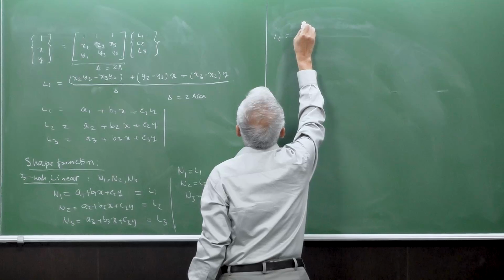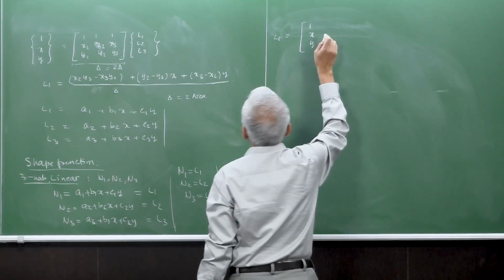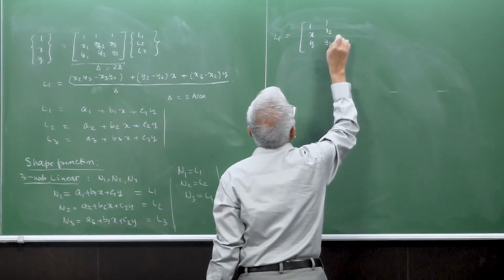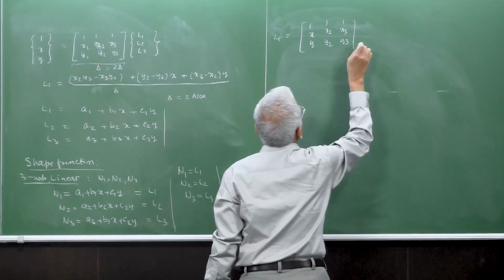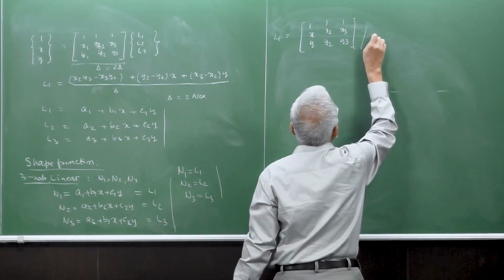And then L1, if you recall, if you want to get L1, it is nothing but the first column replaced by xy, and using Cramer's rule, this is how it looks, divided by the determinant itself.